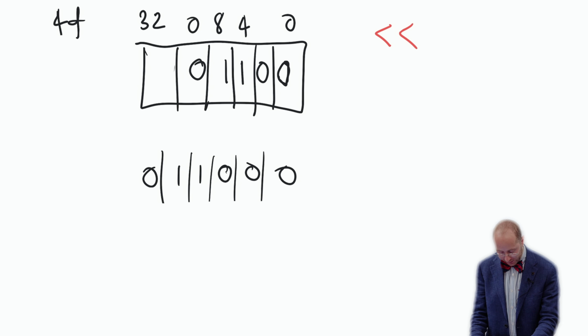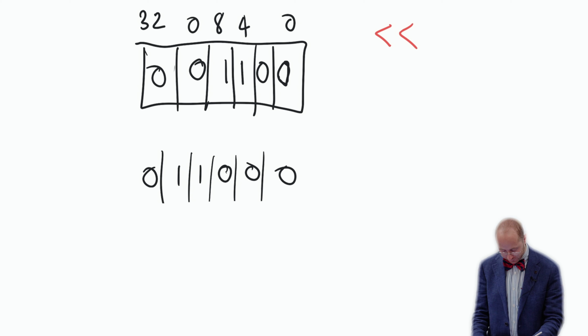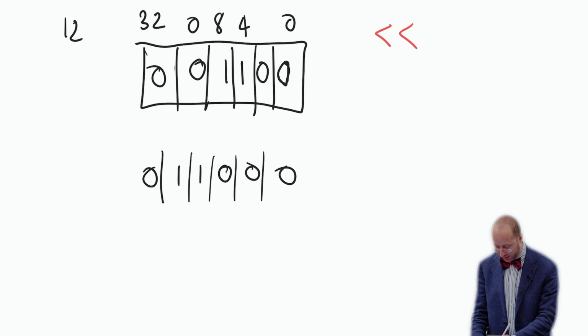Max, what's my new number, given that I made a mistake the first time? So my new number is 12. Now I do a left shift, and I've moved all the bits up one place. So I have 0 contribution from the 1's place, 0 in the 2's place, 0 in the 4's place.